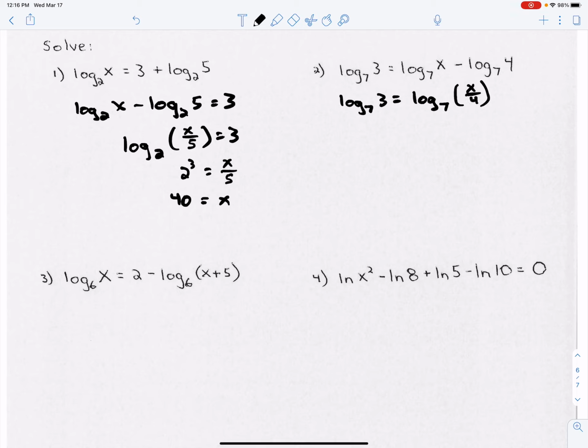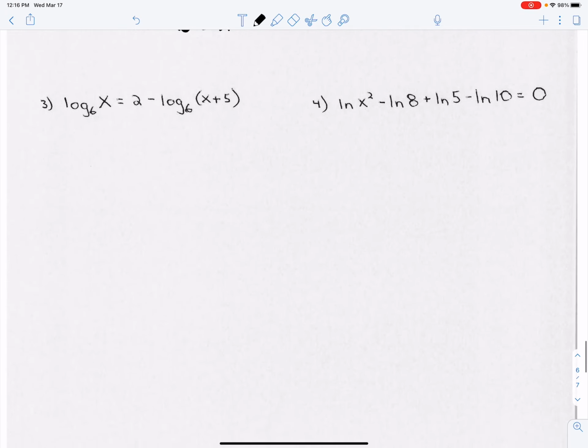Okay, now at this point, just using common sense, because there's one log on each side, we just say, wouldn't they have to be equal? So we can say 3 equals x over 4, and therefore x equals 12. And if we plug 12 back in, does it cause us to take the log of a negative number at any point? No.